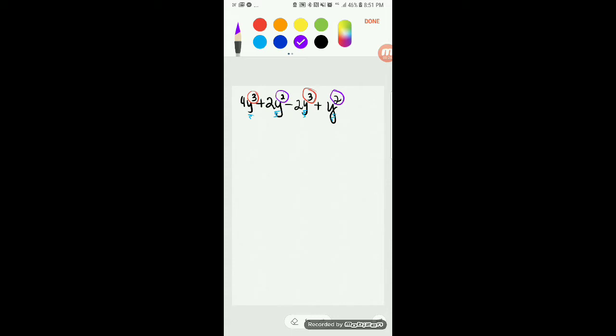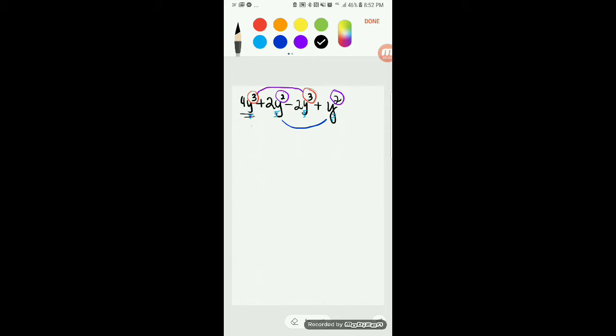Remember, it's an expression because there's no equal sign, okay? So let's look at it. These two are like terms because they have the same variable and they have the same index. These two are like terms because they have the same variable and same index, okay? So that means we can simplify this expression some more.